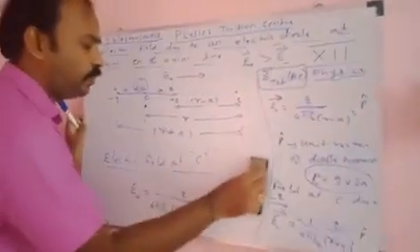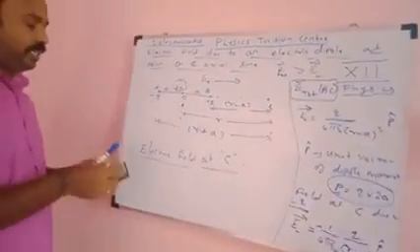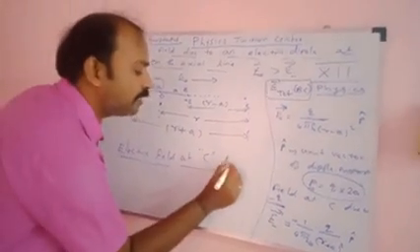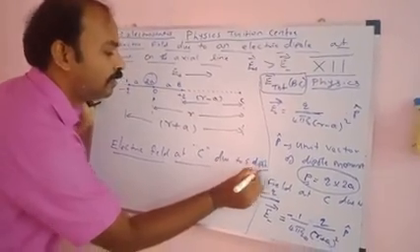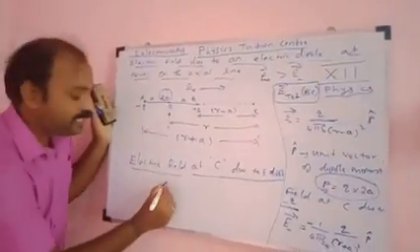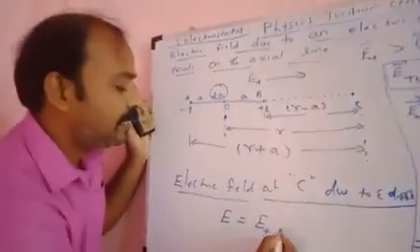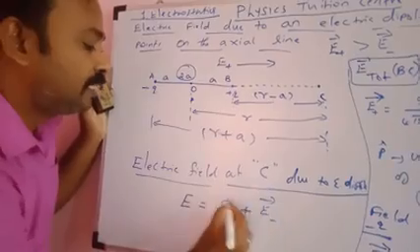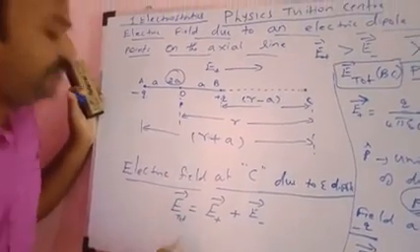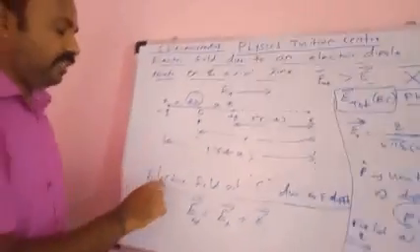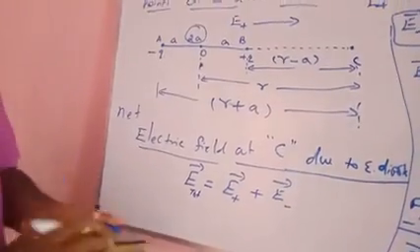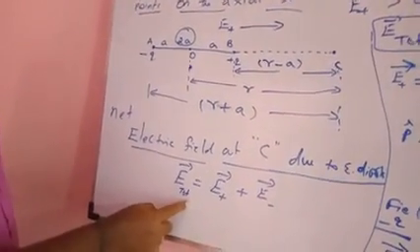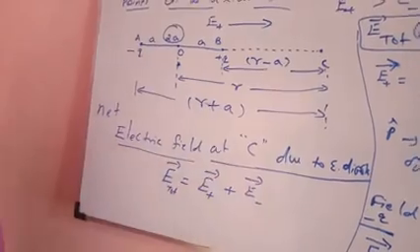The electric field at C due to the electric dipole. So E is equal to E plus plus E minus. The net electric field at C due to the electric dipole, E total vector, is equal to E plus vector plus E minus vector.